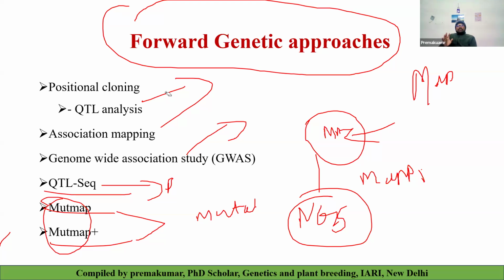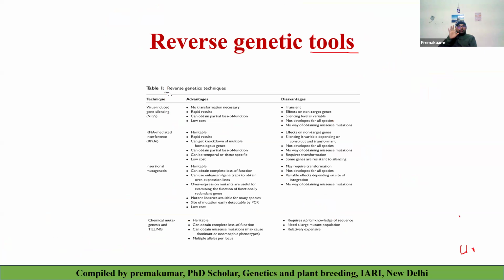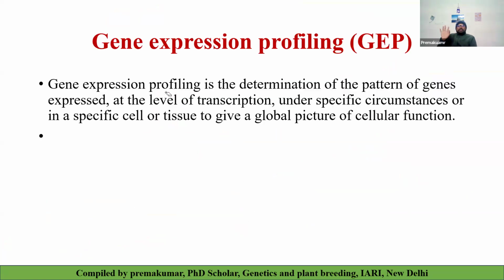You just know this is forward genetics, because here we start with the phenotype and end with the genotype. We are studying siRNA, miRNA, CRISPR and all those things. You just know these can be used for studying the gene, and this approach is called reverse genetics. Rest of it, don't worry.